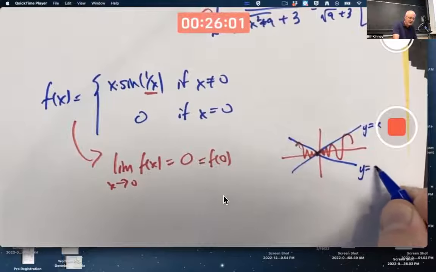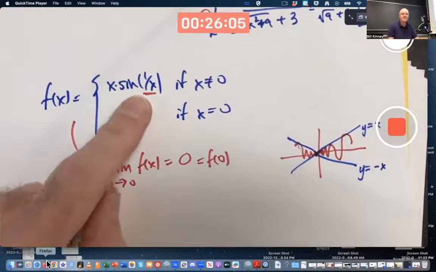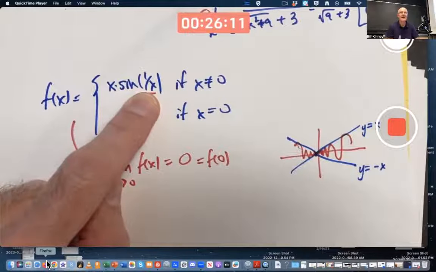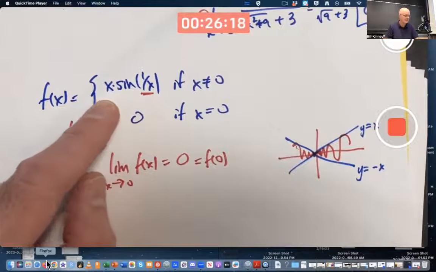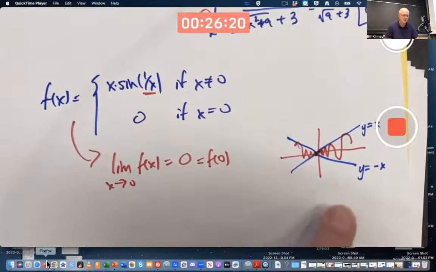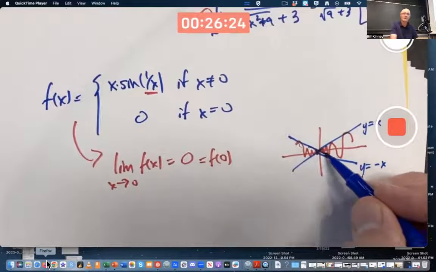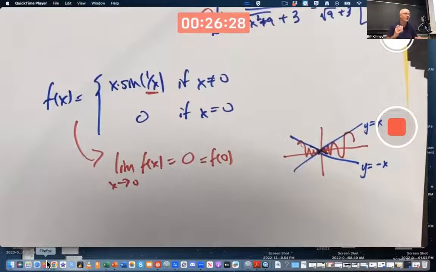Why? Because the sine function itself, no matter what its input is, is always stuck between -1 and +1 for output. Sine of something, any real number at least, is always between -1 and 1. So if I multiply it by x, the output's always between -x and x. Because these are simple functions that definitely go to 0 as x goes to 0, this function is squeezed towards 0 as well.